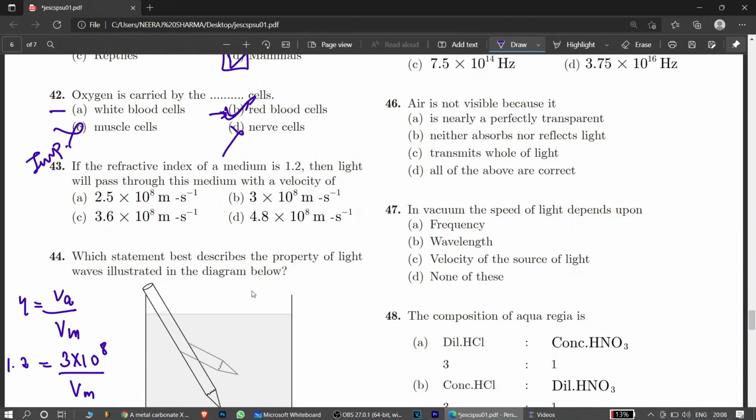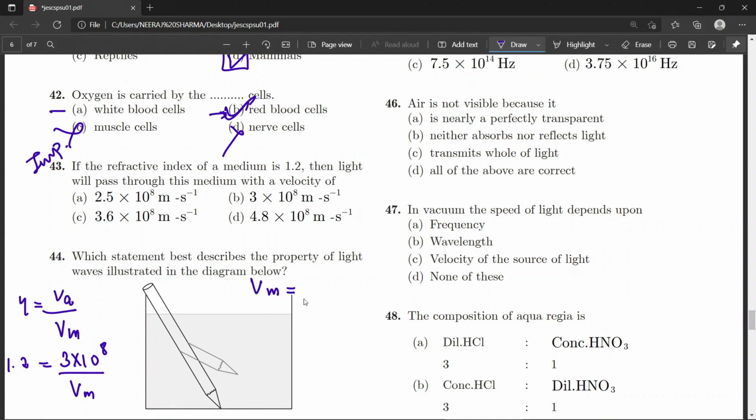So the velocity of light in the medium is going to be equal to 3 into 10 raised to the power 8 divided by 1.2. Your answer when you solve this is going to be 2.5 into 10 raised to the power of 8 meter per second. Okay, so it is option number A. I hope this is clear to you.